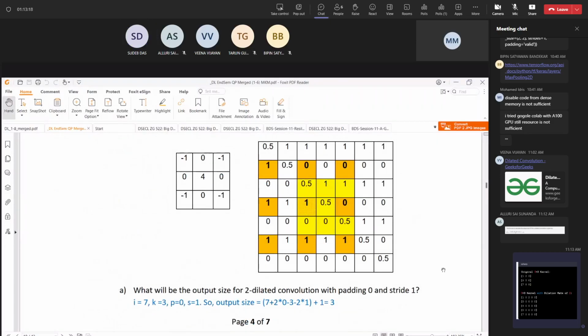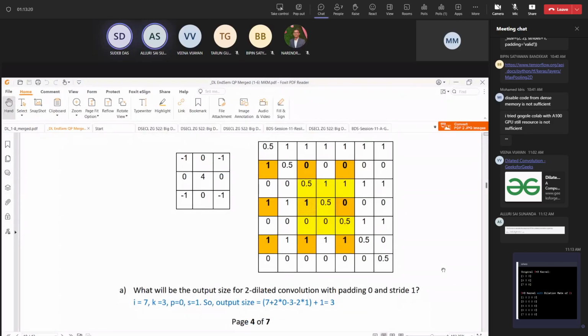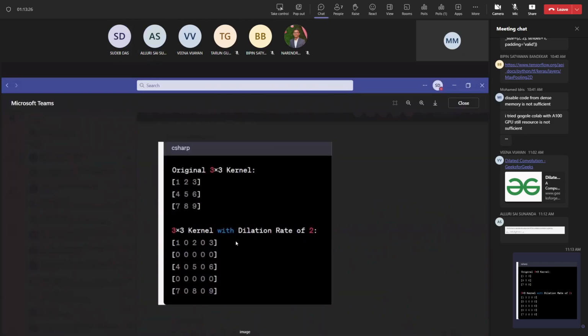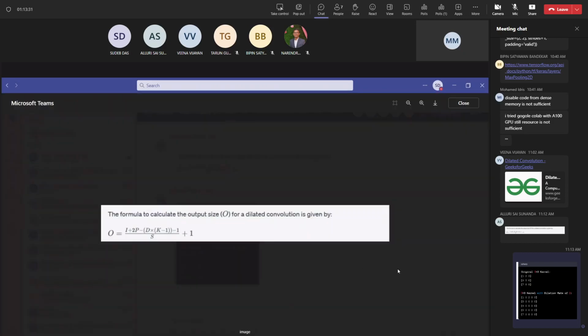I think that formula is giving the output calculation part, actually, something we have written. Guys, can I present once?